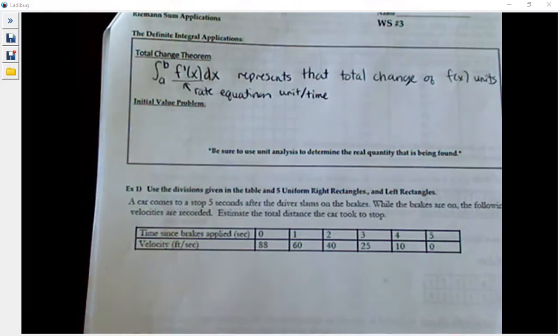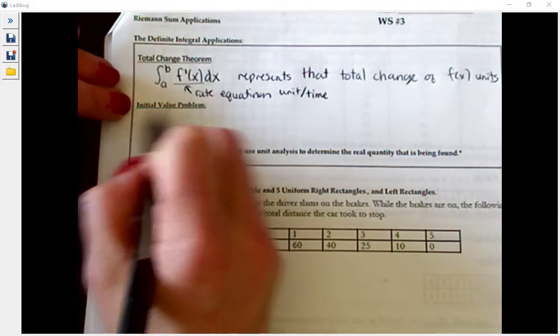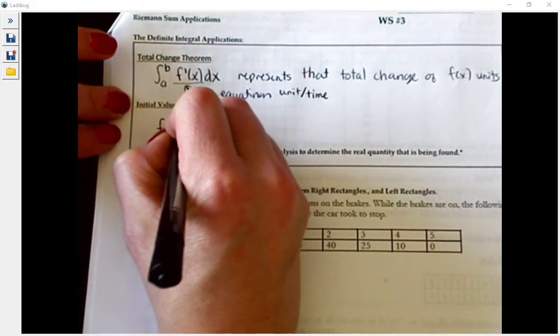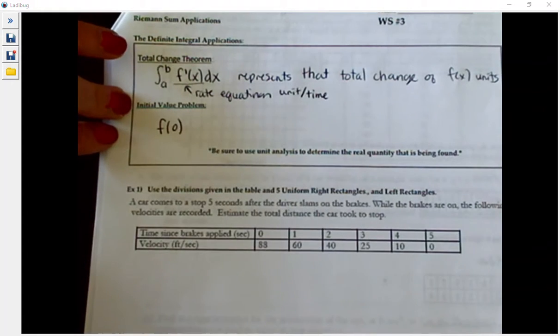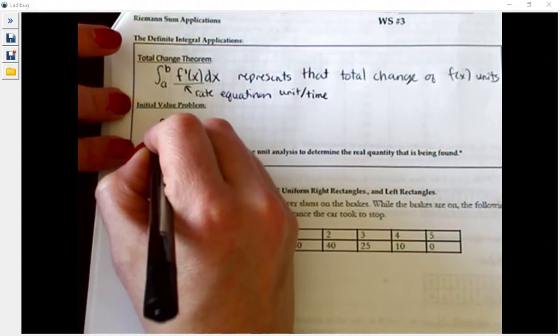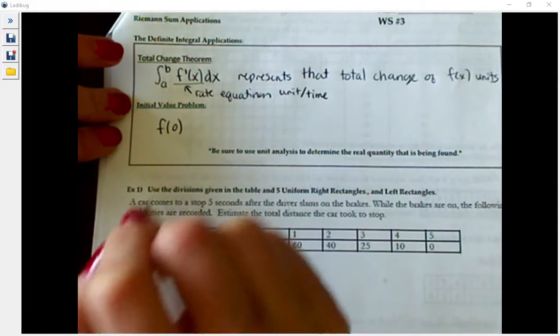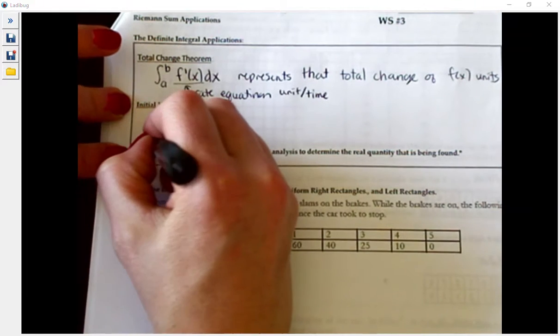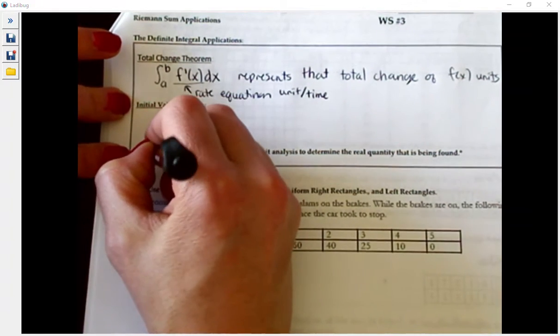Now, the next statement is an initial value problem. So we're going to say f of 0. This is your S naught, or initial position, or initial value.